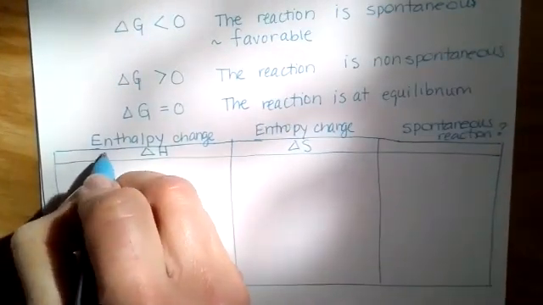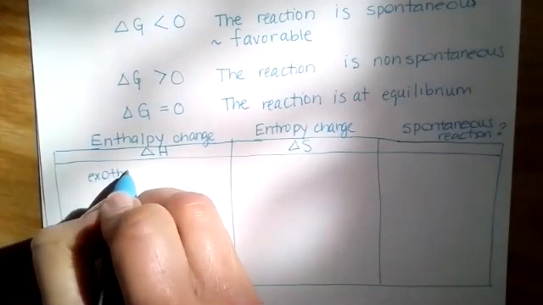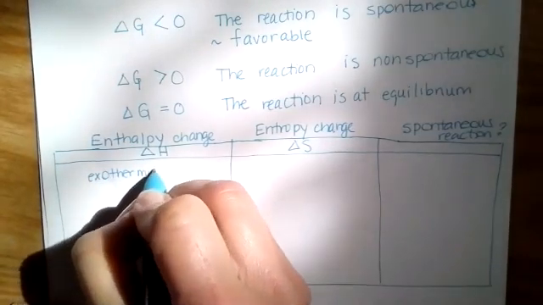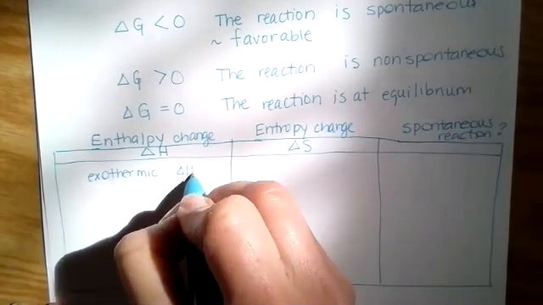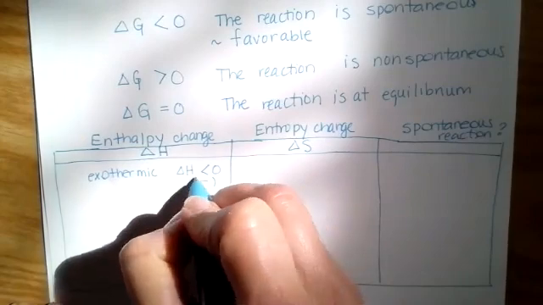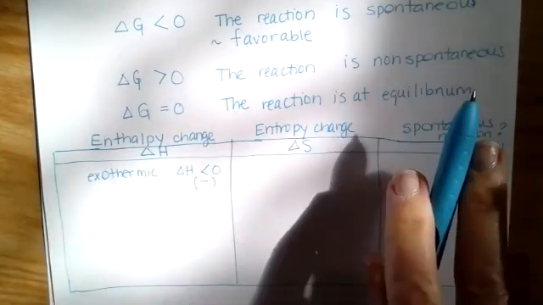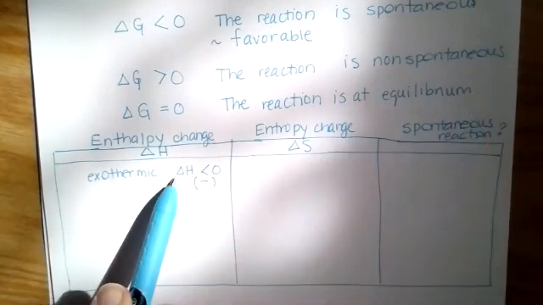If I had an exothermic reaction, that means your delta H is less than zero, which was a negative value. That told us that the heat was leaving the system. That was our unit 9, guys.